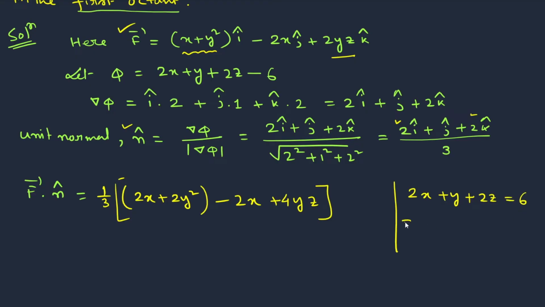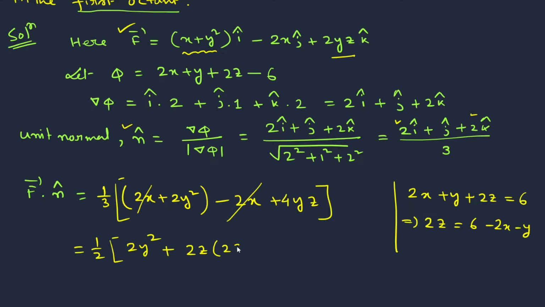So from here twice z equals 6 minus twice x minus y. So in place of twice z, we will replace this value. So this equals 1 by 3 into twice x cancels out, and you will get 2y square plus twice z into twice y.